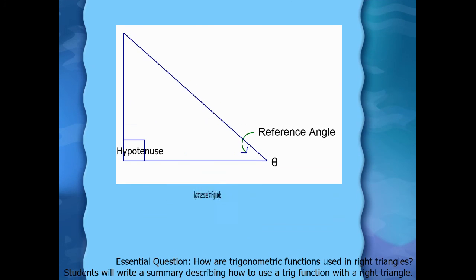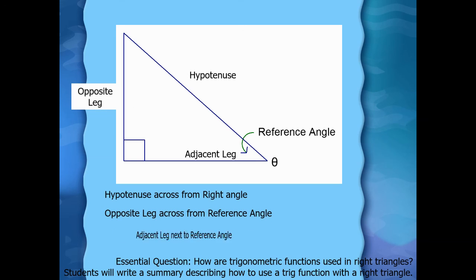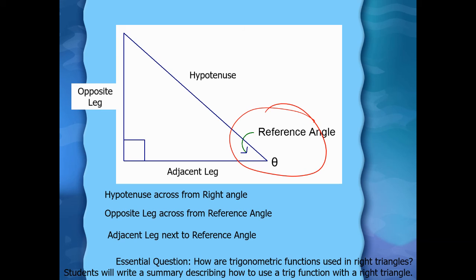All right, keep going here. This one's animated. I'm going to probably do it more than one time. So if you're not catching the animation, that's okay. I'm going to have you guys write it, and then I'll go back through the animation one more time. There are 3 different parts to a right triangle in the context that we're going to see it today. We have our reference angle, and we always start there. We know that the hypotenuse is 100% of the time across from the right angle.